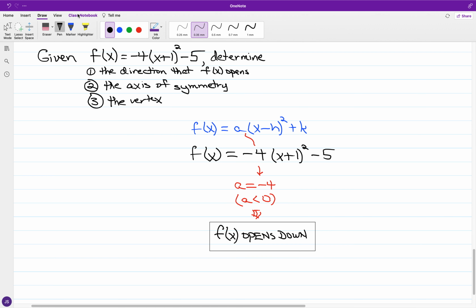And if looking for the h value, this time we're looking at setting x plus 1 equal to 0. And if x plus 1 is 0, you have x is equal to -1. So again, your h value and x value are the same. Now for the axis of symmetry, we're going to have x is equal to -1.